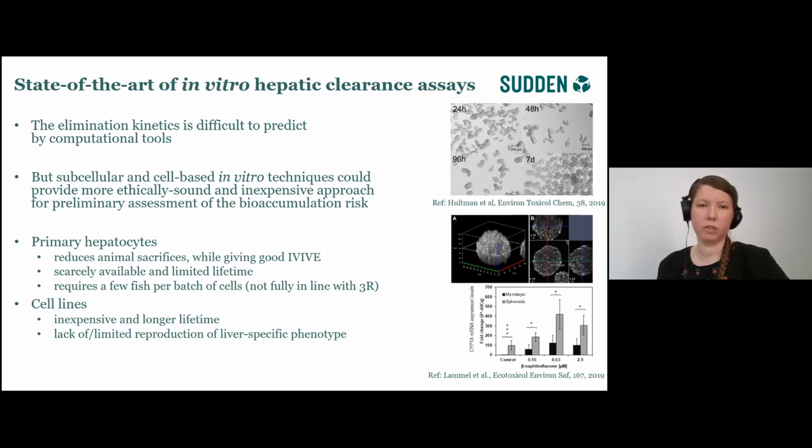In traditional cell cultures, the cells adhere to the plastic and grow as 2D monolayers. But if we inhibit the cell adherence to the plastic, they form spheroids and three-dimensional cultures. This is one way of improving the viability of primary hepatocytes, but also the cell lines can start expressing the liver enzymes, for example, if they are cultured in three dimensions.